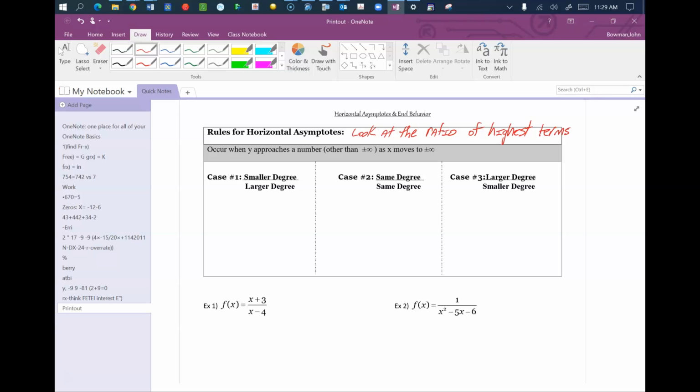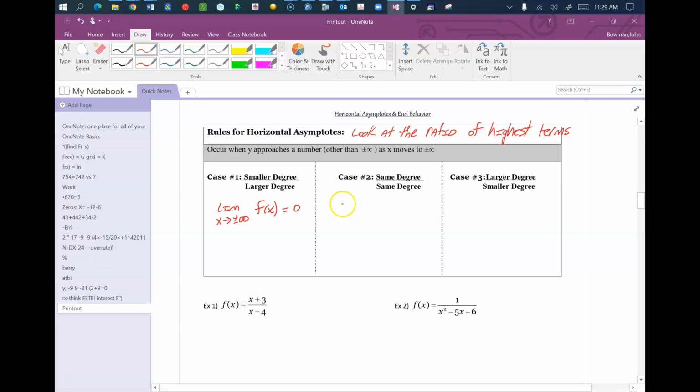You can have the case where the numerator has a smaller degree than the denominator. In that case, the end behavior, or the limit as x approaches either plus or minus infinity of f of x, is going to be 0.